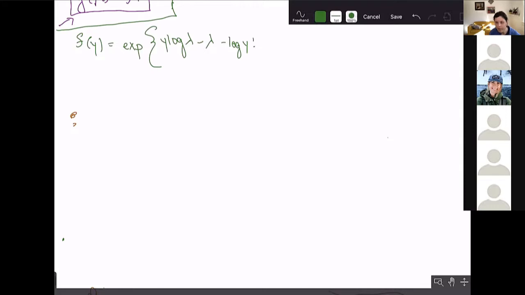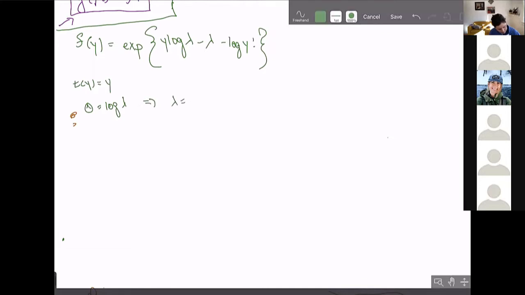Yeah. Cool. And so I have T of y equals y. And then my theta was log of lambda. Okay. Now I understand that.